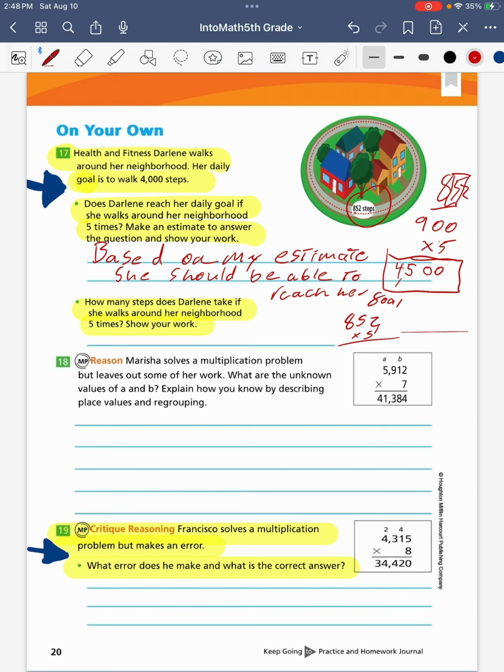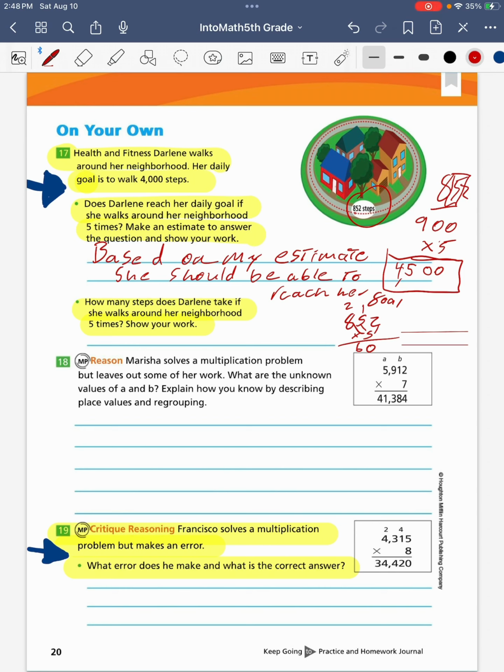I start by multiplying my ones. 5 times 2 gives me 10. I place a 0 in the ones and carry a 1 over to my 5 tens. I multiply 5 times 5 tens to give me a product of 25 plus 1 equals 26. Place my 6 in the tens and carry my 2 over my 8 hundreds.